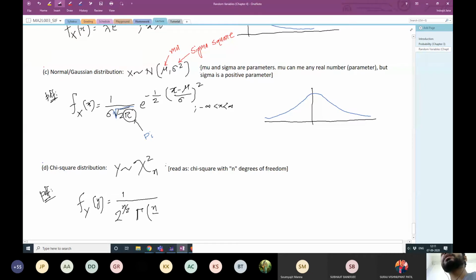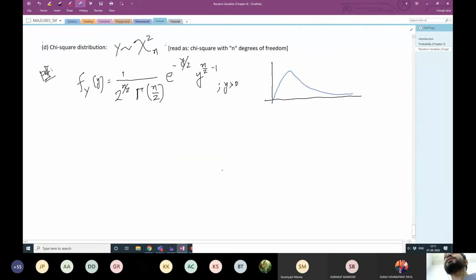I will tell you what this gamma function is. Then e to the power negative y over 2, y to the power n over 2 minus 1. And the graph of this looks something like this. Let me tell you something about this gamma function.